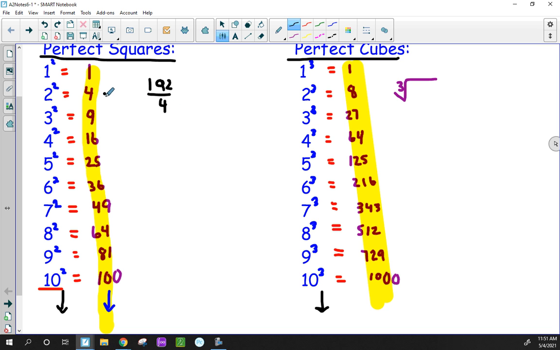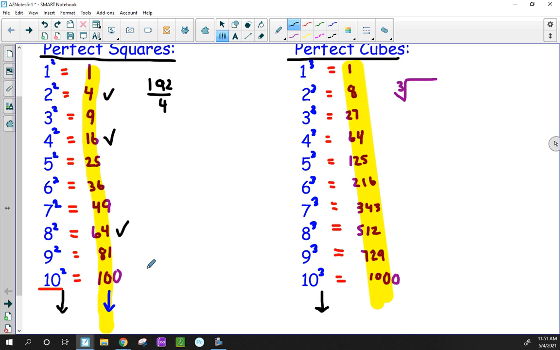It actually gives you a whole number, so I'm going to put a little check mark there. Next, you go on to the next perfect square. 192 divided by 9 does not work. 192 divided by 16 does work. 192 divided by 25 does not work. 192 divided by 36 does not work. 192 divided by 49 also does not work. 192 divided by 64 does work. 192 divided by 81 does not work. 192 divided by 100 doesn't work.